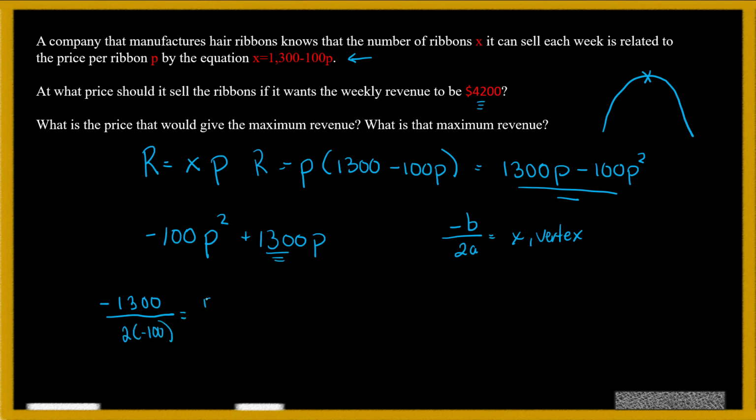So 1300 divided by 200, the two negatives make a positive, I get 6.5. So $6.50 is the price that will give me a maximum revenue.